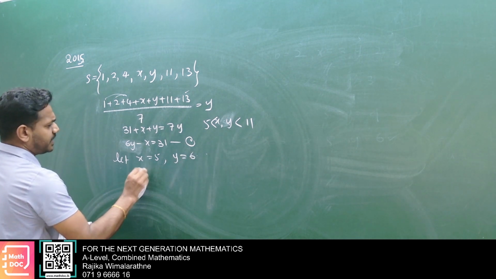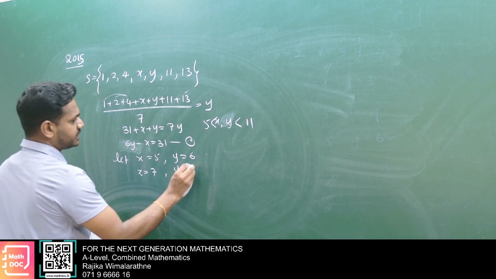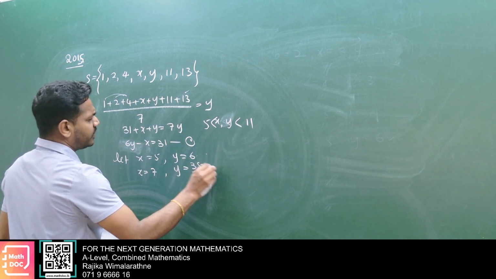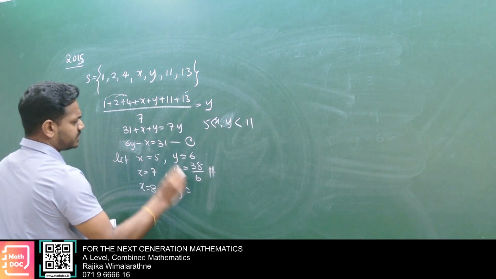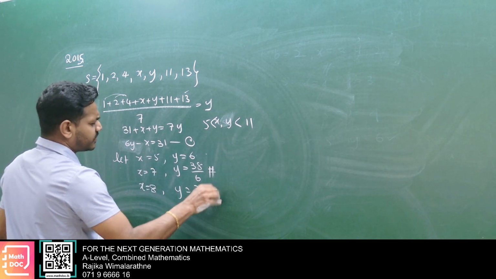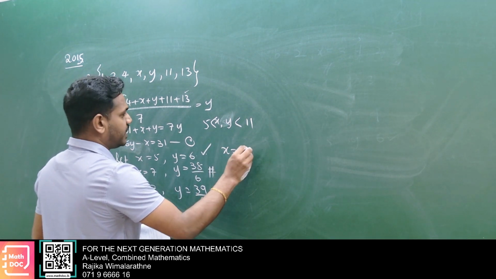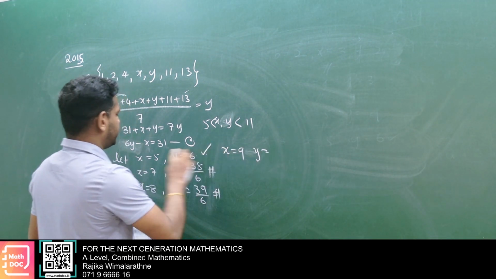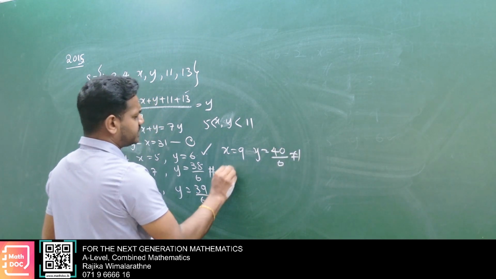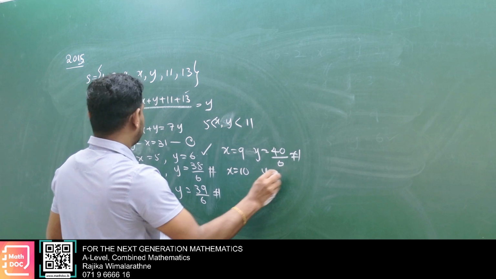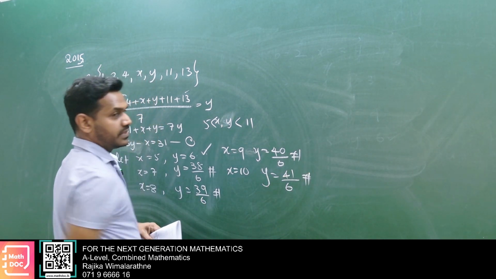Possible. Let x equal 7, y equals 38 over 6, wrong. Then x equals 8, y equals 39 over 6, wrong. x equals 9, y equals 40 over 6, wrong. x equals 10, y equals 41 over 6, wrong because they are whole numbers.